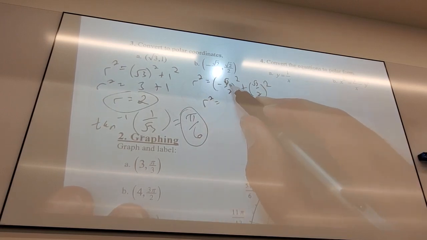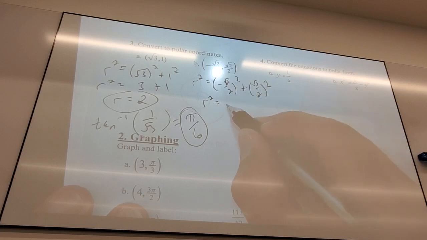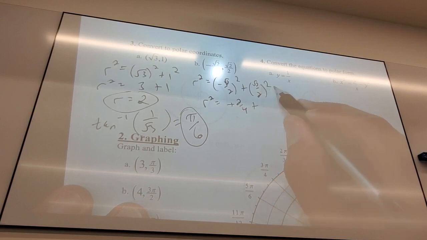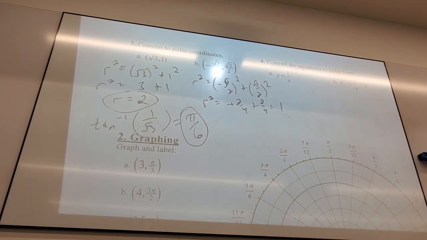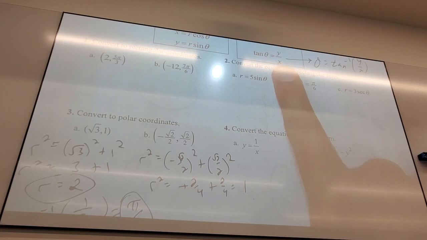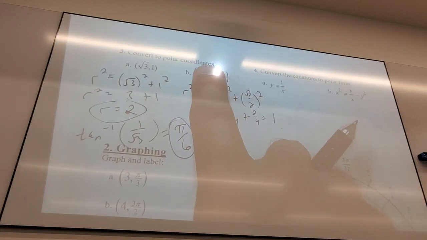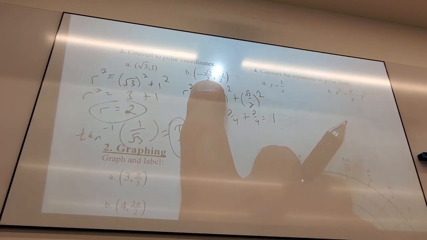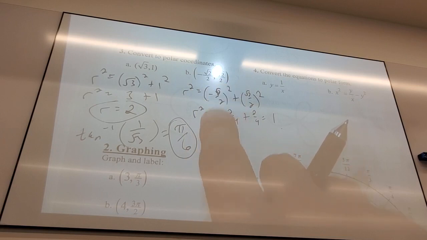So what do you get? What's rad 2 squared? 2. Negative rad 2 over 2 squared is 2 fourths, not negative, it's positive. Plus the same thing, so I get 1. And like Mike said, I don't have to do this all the time. When is cosine negative rad 2 over 2 and sine positive rad 2 over 2?